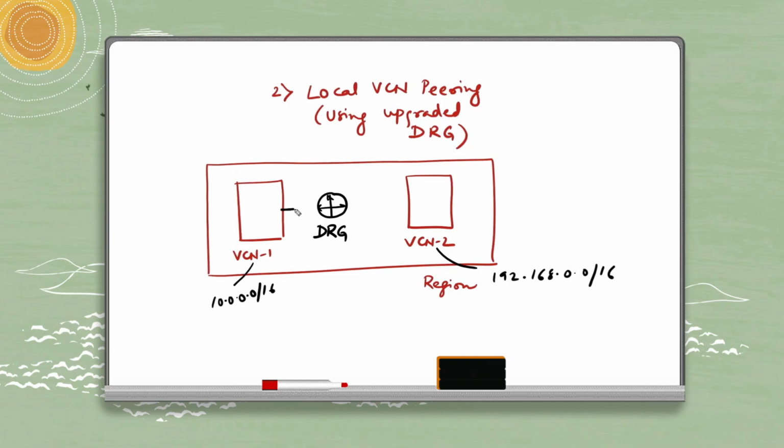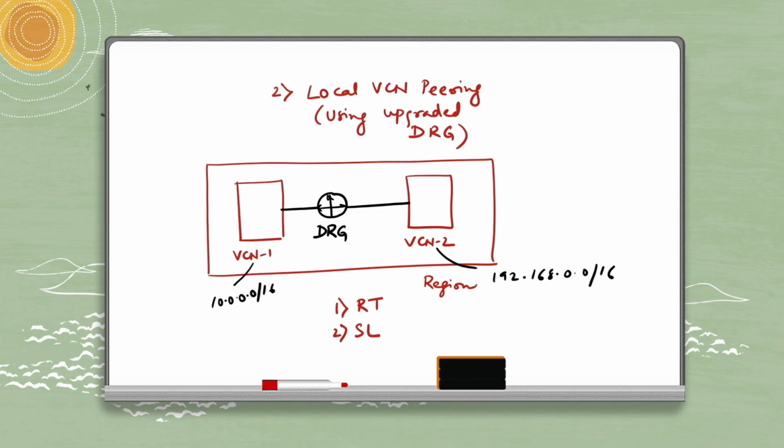And this dynamic routing gateway will be attached to both the VCNs, VCN1 and VCN2. So instead of having two local peering gateways, in this case, having just one dynamic routing gateway will serve the purpose. And again, like the previous case, you need to configure route tables and security lists.